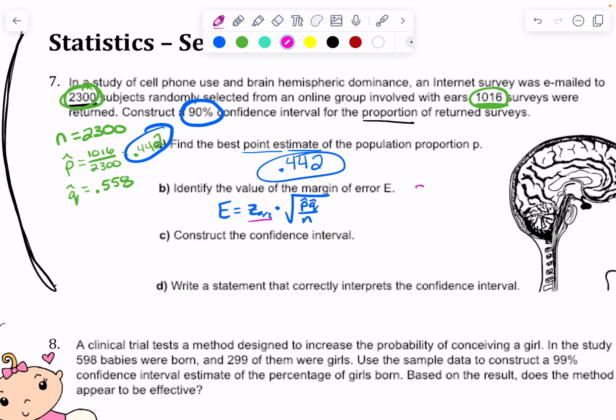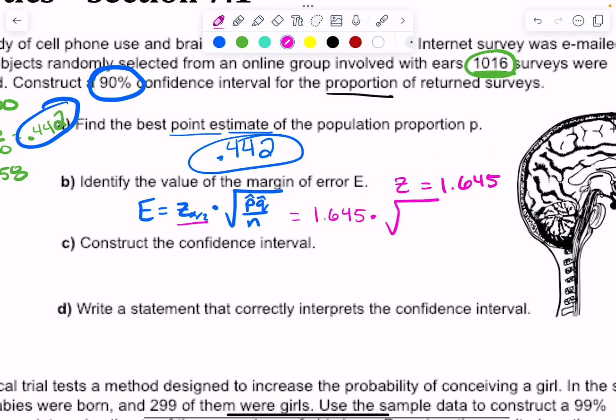Z for a 90%, if you look at the bottom right corner of your chart, is 1.645. So when I'm writing this out, I have 1.645 times the square root of p hat is 0.442, q hat is 0.558, all over 2,300.